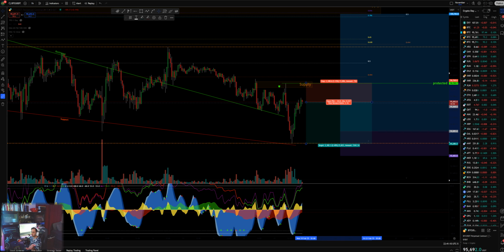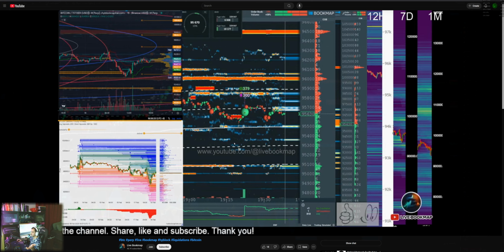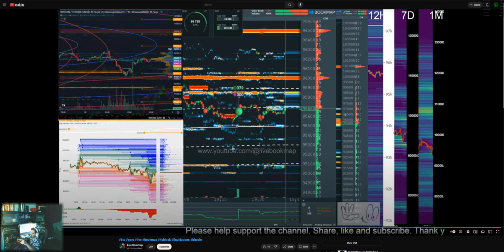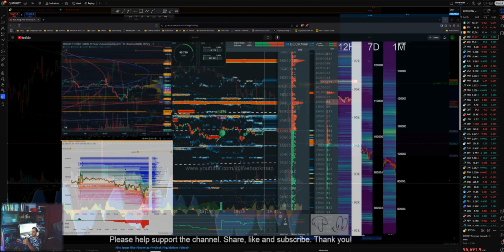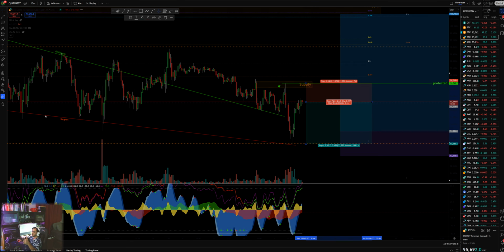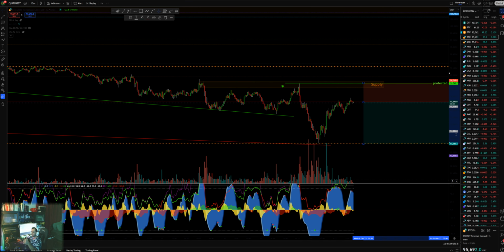And then you come over here, go over to Bookmap and say, okay, we have interest up to 96,500. Something's happening at 97. Probably if I come up here, 97.5 is going to get interest too. Let's go look at those psychological levels and see where they coincide and line up.